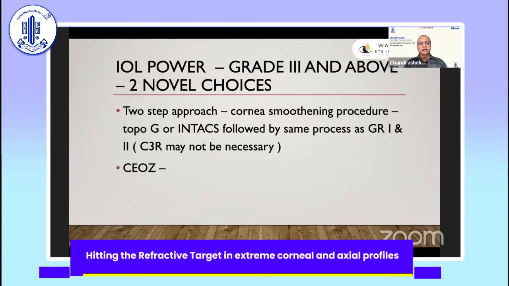Then we go to the second category, that is the moderate keratoconus, where there is a two-step approach. Number one, we have to do something to smooth the cornea, either by topo-guided PRK or by Intacs, and then go by the way we went for the first grade of cornea.